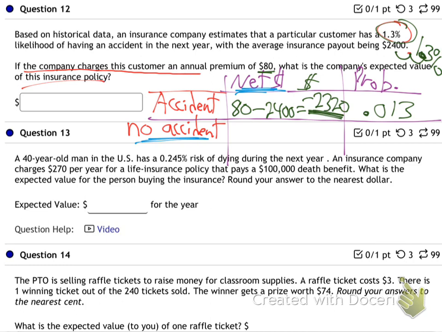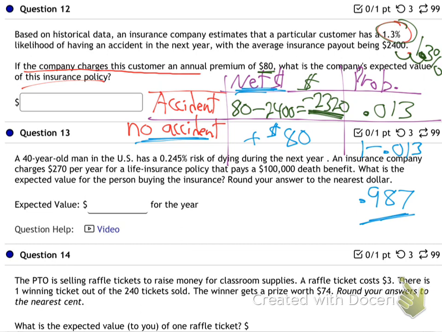What's the company bottom line? They're just going to be plus $80. They're just going to gain the $80 premium, and that's all. Never have to pay out. And what's the probability of us not having an accident during the year? 1 minus 0.013, which is 0.987.